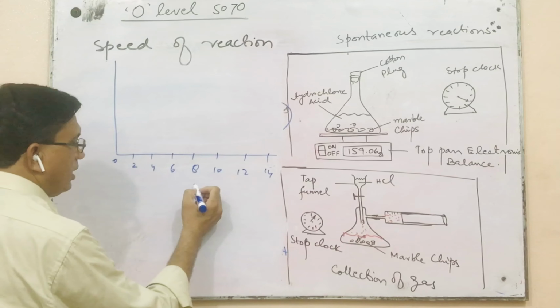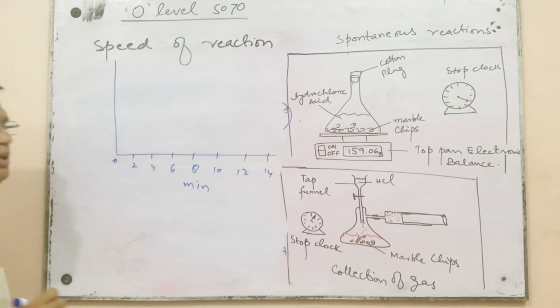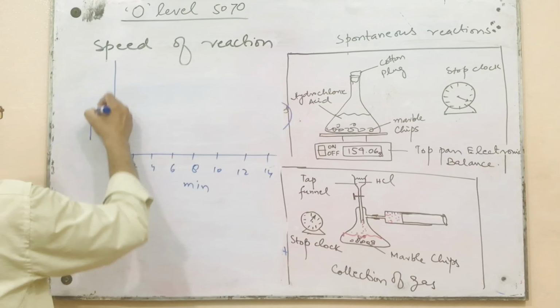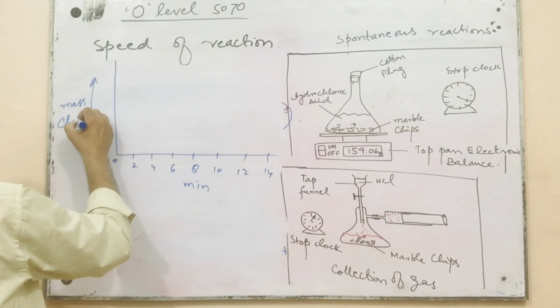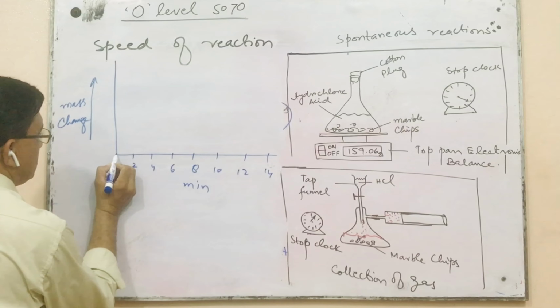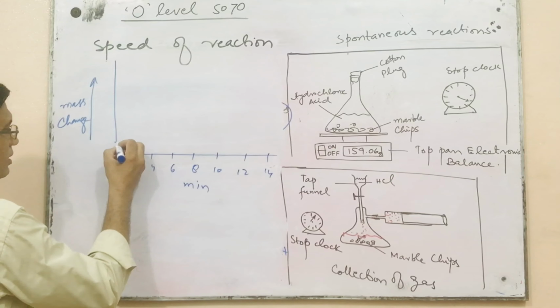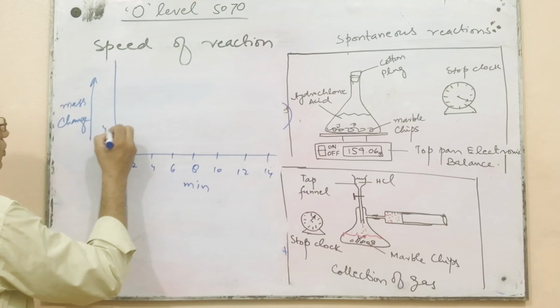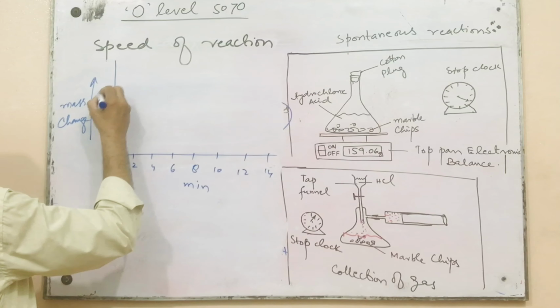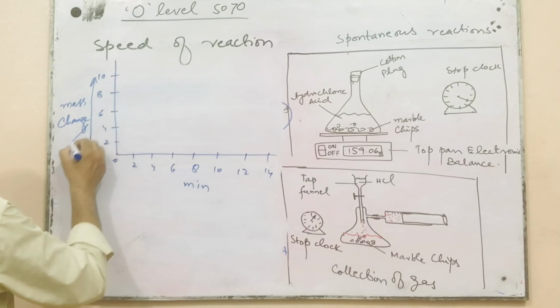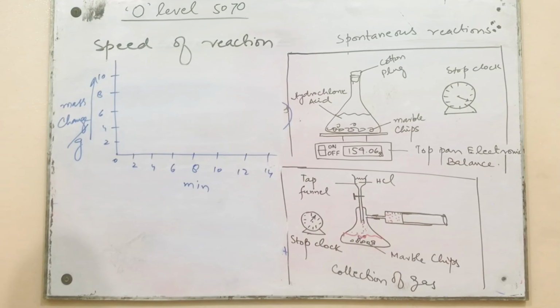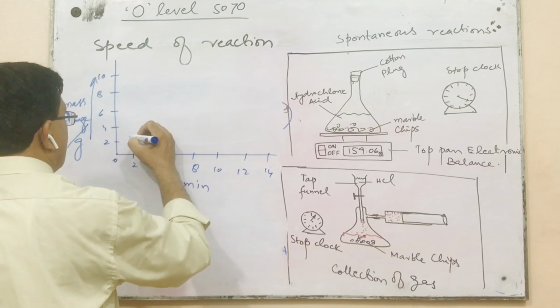This is the time in minutes. And here on this side is the change in mass, say again 2, 4, 6, 8 and 10. This is the change in mass in grams. If we plot a graph, then definitely the graph will go just like this.